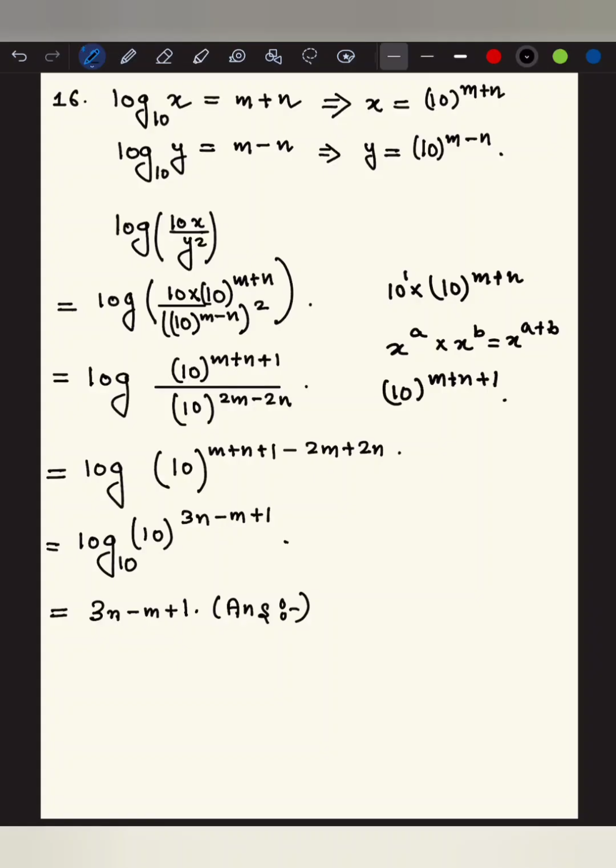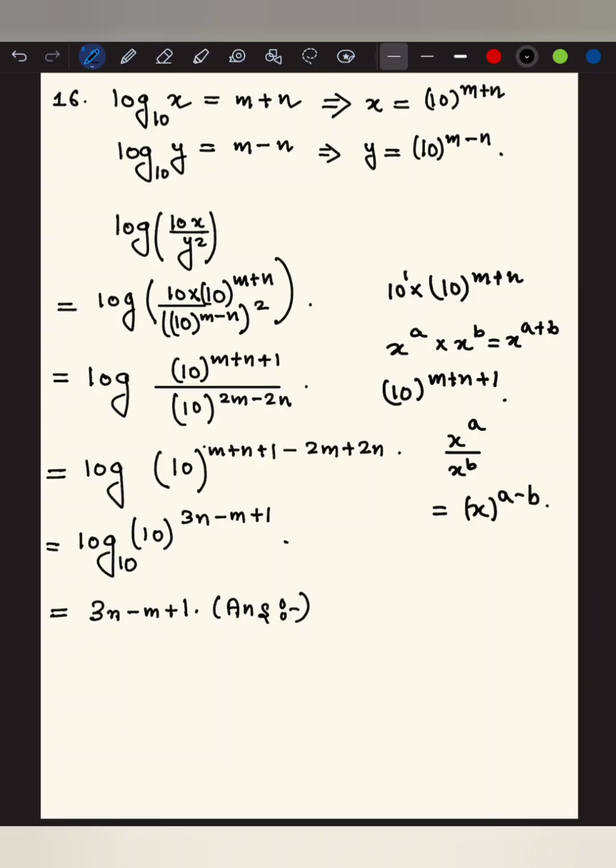Got it? Again, this is equal to log of 10 to the power m plus n plus 1, whole divided by 10 to the power 2m minus 2n. So we know that x to the power a by x to the power b is equal to x to the power a minus b. That is what I have written.